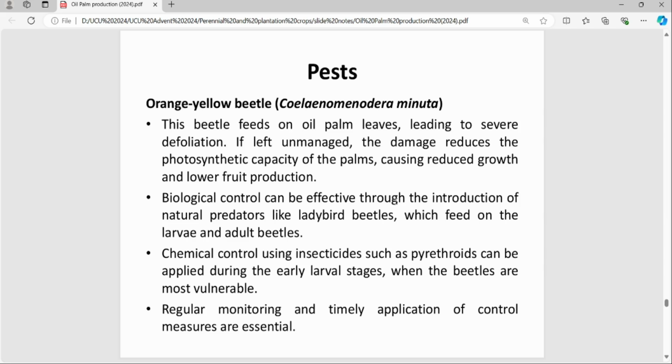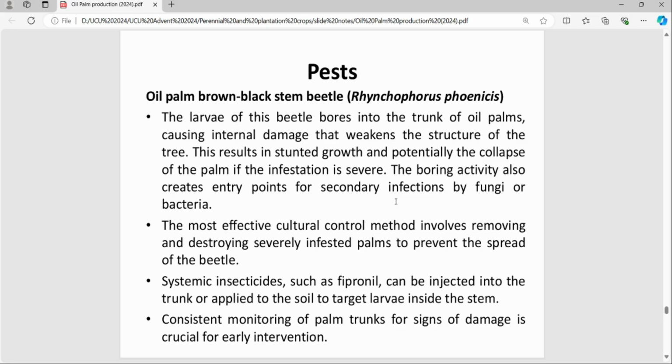The biological control methods recommended for this pest are using predators like ladybird beetles, which feed on the larvae of this beetle. Then we can also use chemicals, which are insecticides, such as pyrethroids, and we are also supposed to ensure regular monitoring so that we can apply timely measures to control the pest.